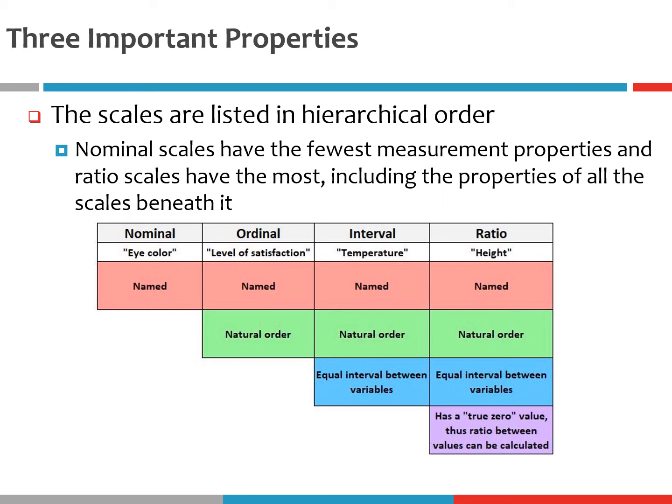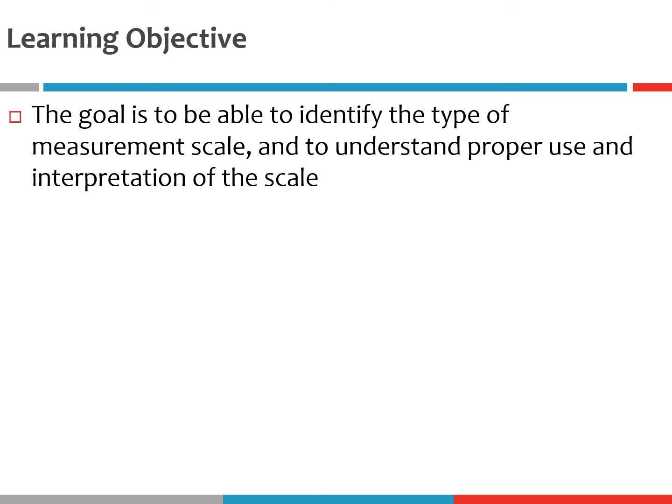So what I'm going to do is go through all of these four types of measurement scales and explain them in more detail. Okay, so our learning objective for this particular video is that you'll be able to identify the type of measurement scale and to understand proper use and interpretation of the scale.